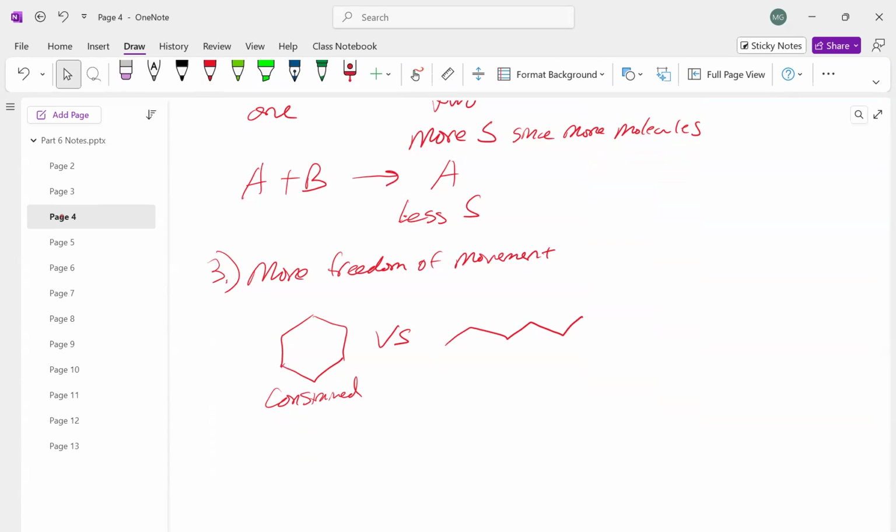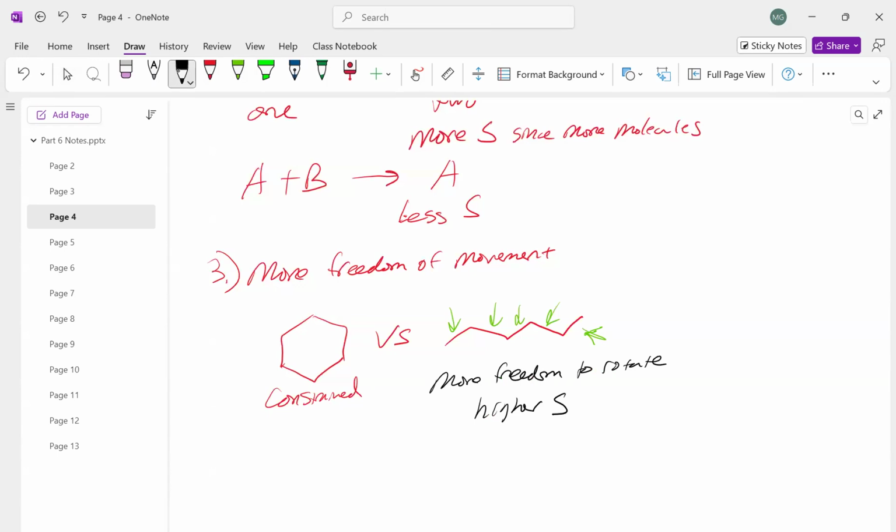What I mean by constrained is we can't do a lot of rotation. There's not a lot of freedom of movement. But if you open that ring up, then you've got all of these individual single bonds that you can rotate around. So there's more freedom to rotate. And so this system would have a higher entropy than something constrained to a ring.